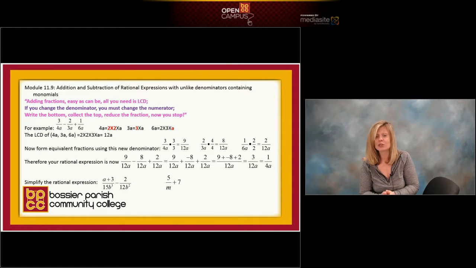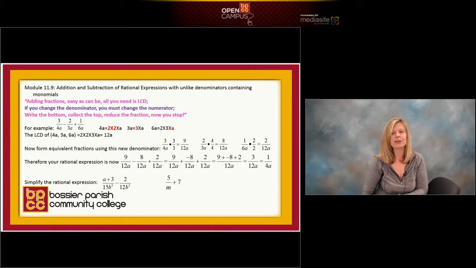Now I can add and subtract because I have all the same denominator. But let's fix something. We've talked about this. In algebra, there is really no such thing as subtraction. You add the opposite. So do you see where it says 9 over 12a minus 8 over 12a? Change that subtraction symbol to addition and make that 8 the opposite.